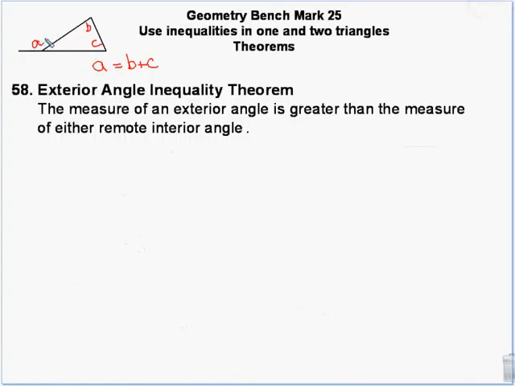Well, because we had this theorem that said this outside angle was equal to the two remote interior angles added together, that turns into this new theorem, the exterior angle inequality theorem.